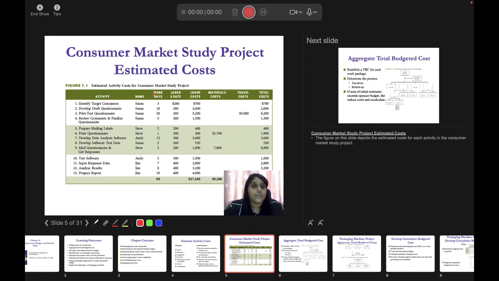It goes similarly for all the other activities, like activity 2. You have 10 working days, 260 times 10, you have 2600. If you don't have material cost or travel cost, you just bring the number back here. And then you have activity 3, the pilot test questionnaire.